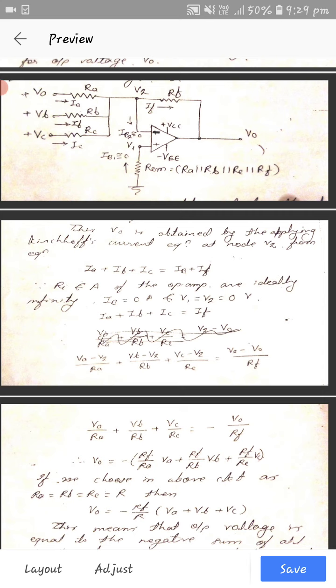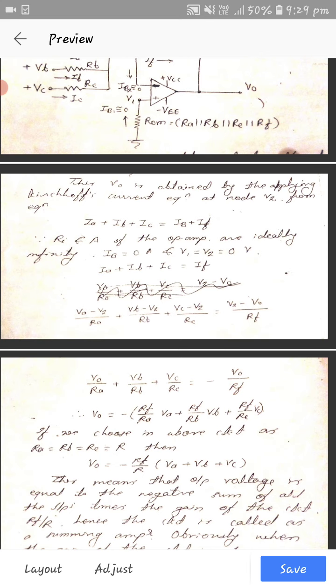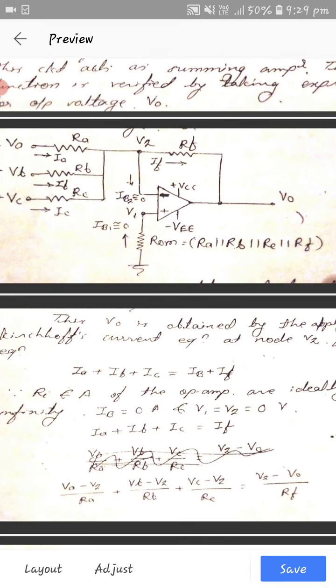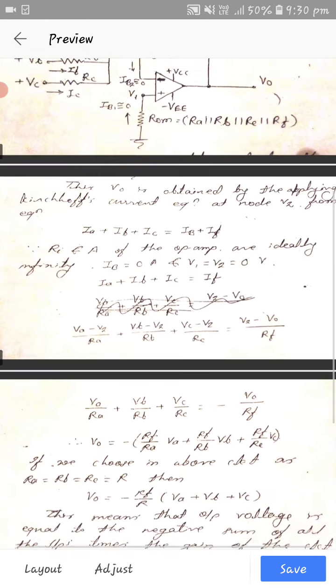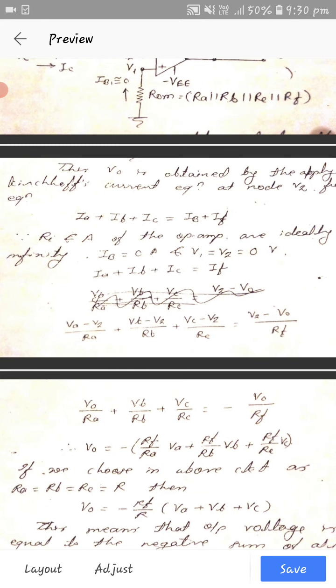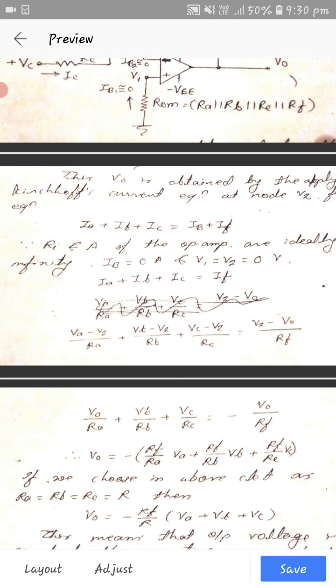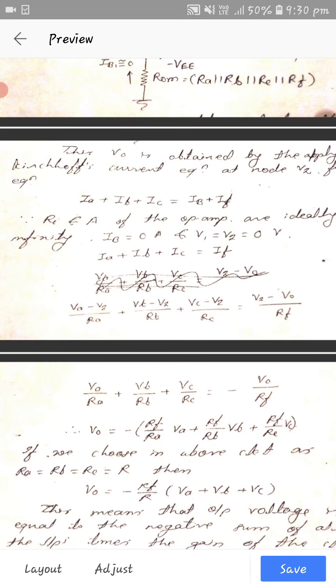Here the Kirchhoff's current equation at node phi 2 gives the input currents IA plus IB plus IC equal to the output current, that is the total current IB plus IF, where IF is the feedback current.